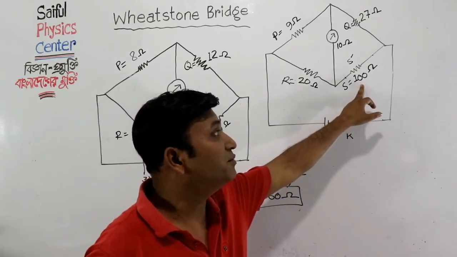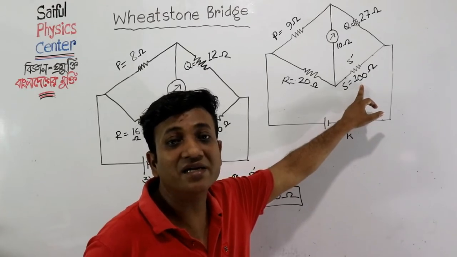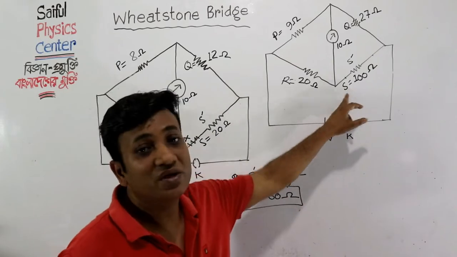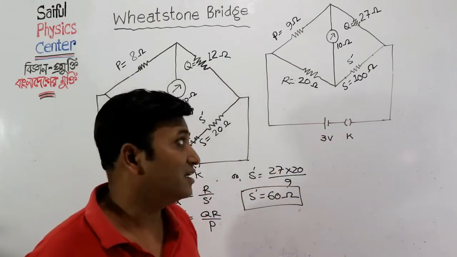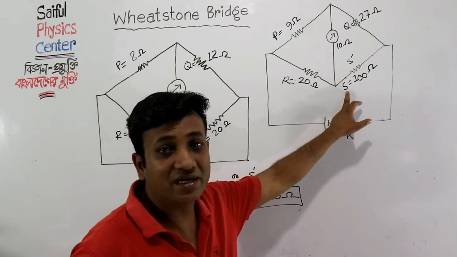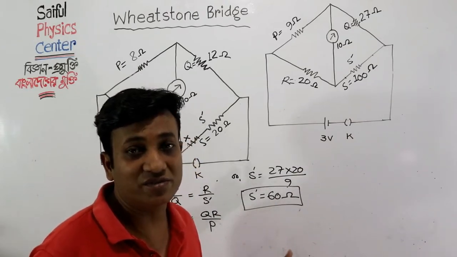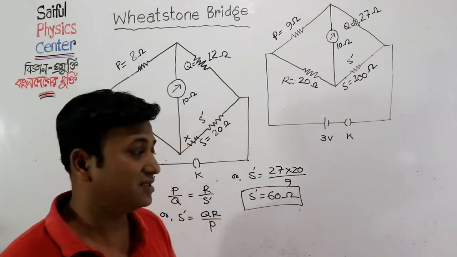But here the given resistance is 100 ohms. So in this case we have to decrease the resistance. Here 100 ohms is given, but the required resistance is 60 ohms. That's why we have to decrease the resistance.